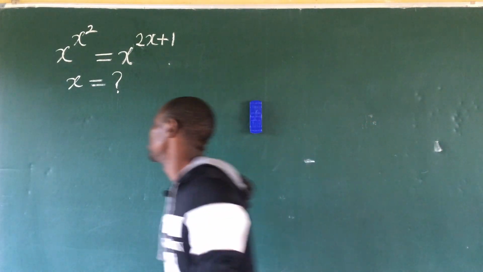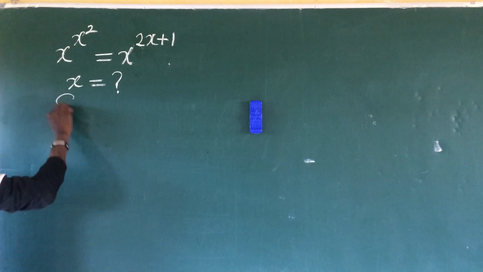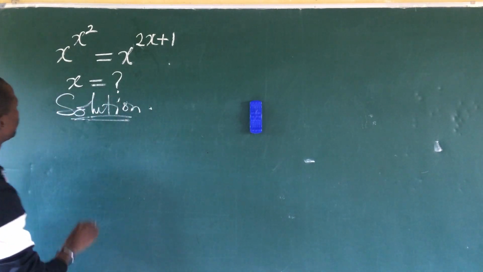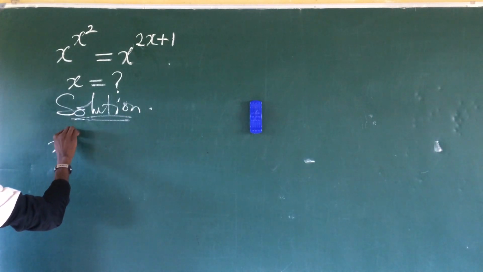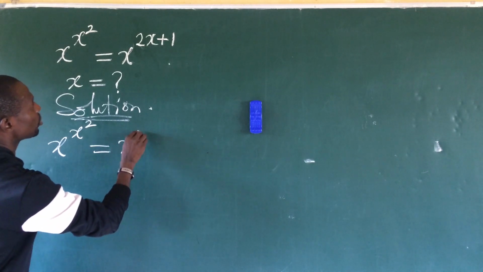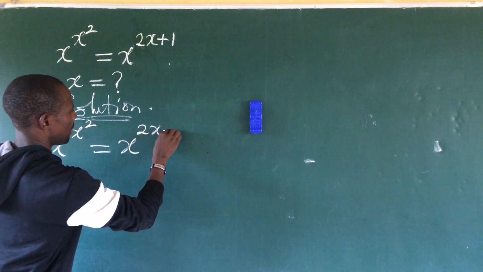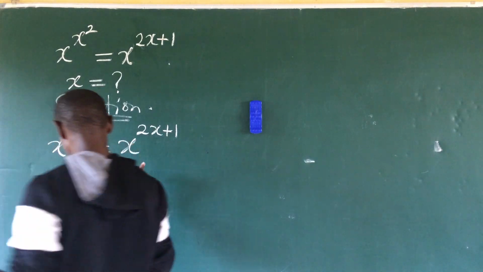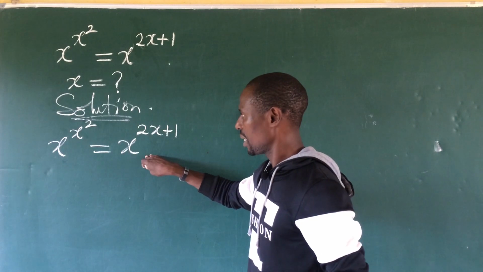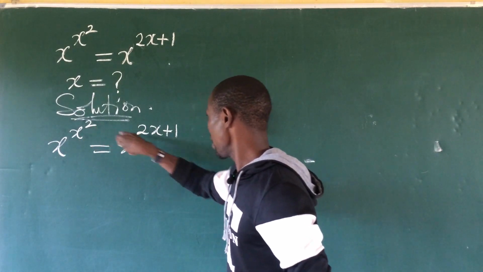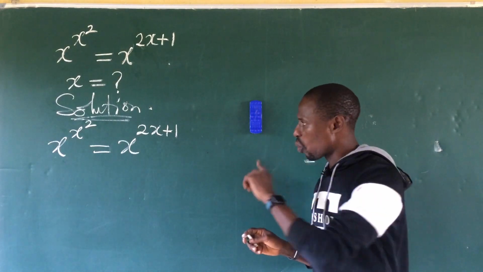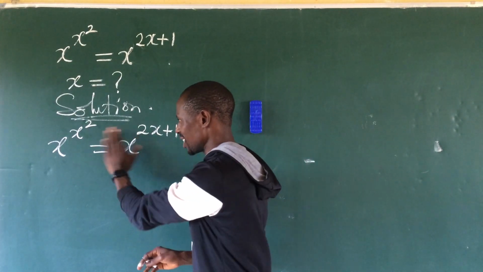Let's go down to our question here. The question is x to the power of x all squared equal to x to the power of 2x plus 1. Like I said earlier, since the bases are the same, we can say x squared equal to 2x. But you discover that 1 is one of the roots to this exponential equation.